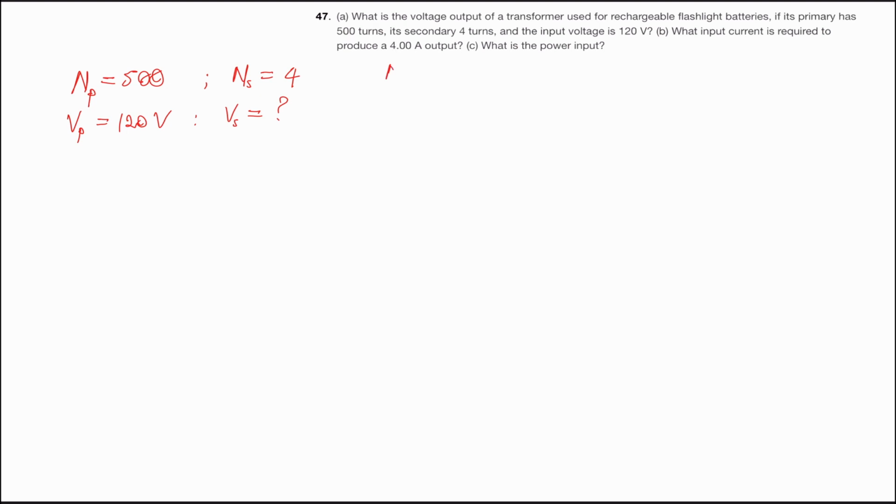Remember, we characterize a transformer using the turns ratio, that is N S divided by N P. If this ratio is larger than 1, our transformer is a step up. If it's less than 1 yet positive, it's a step down. If it's equal to 1, that means our transformer is an isolator transformer.